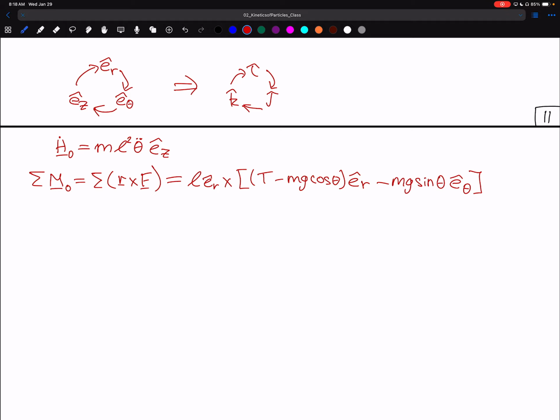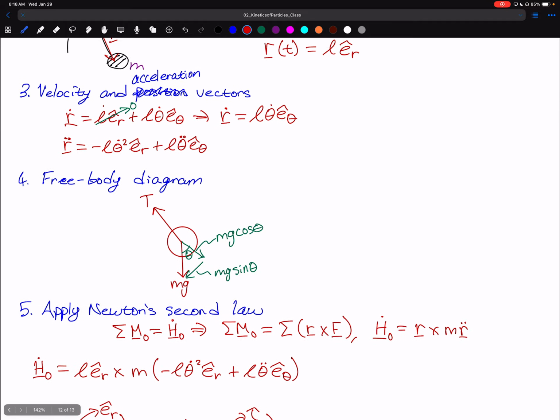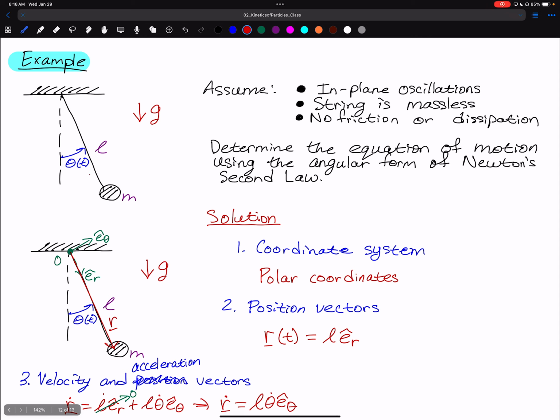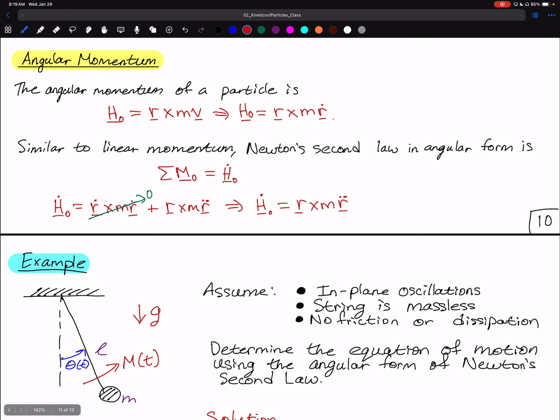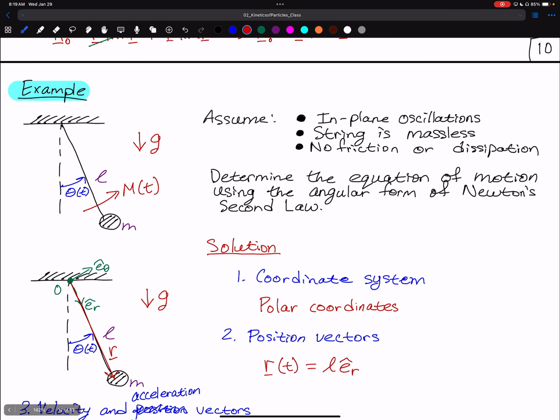And let's add an external moment to this system. So if we come back up here, let's just say that there's some external moment, m of t, acting on the system. The h is the angular momentum, which we defined as r cross m r dot. So we're just going to add our external moment here.